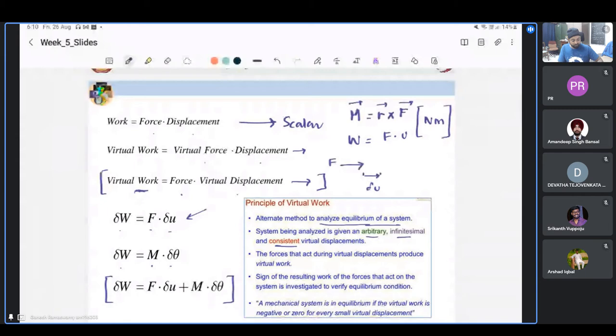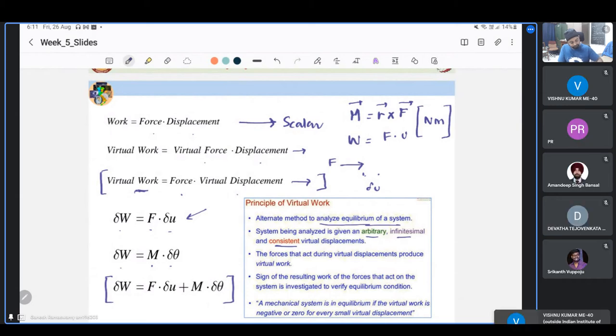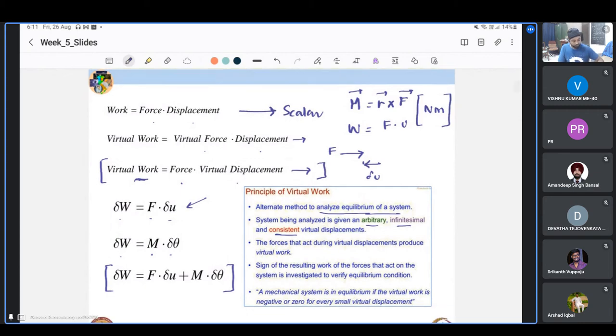And if it is in the opposite sense, let us say this were pointing towards the left, then the virtual work contribution would be negative. This can easily be seen by considering it a dot product, because when force and virtual displacement are in opposite directions, theta becomes 180, so cos theta becomes -1. That is the negative virtual work contribution. That is what is to be kept in mind.